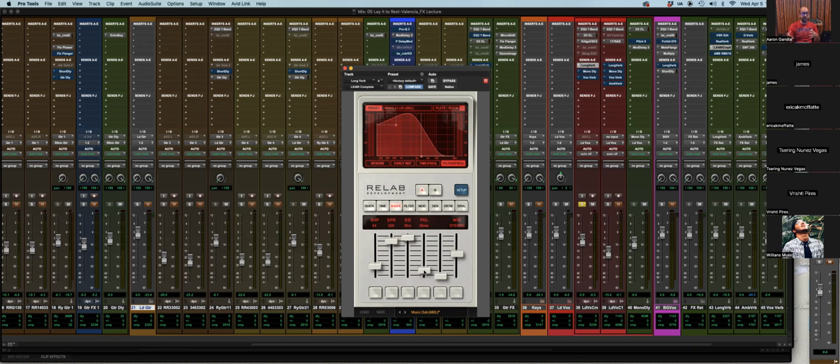Some algorithms are written to add some of that depth information if they really want to get into it, but technically a real plate verb doesn't add the multiple delays happening as the 3 dimensions are reflecting that voice back at the listener. That does not happen on a plate.